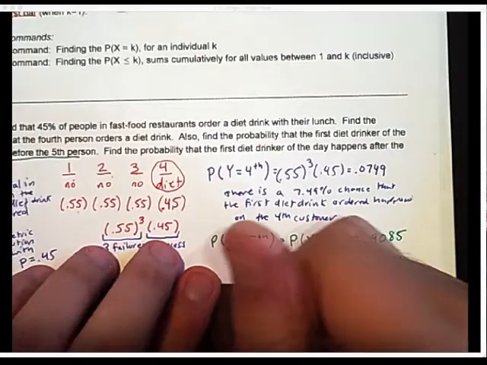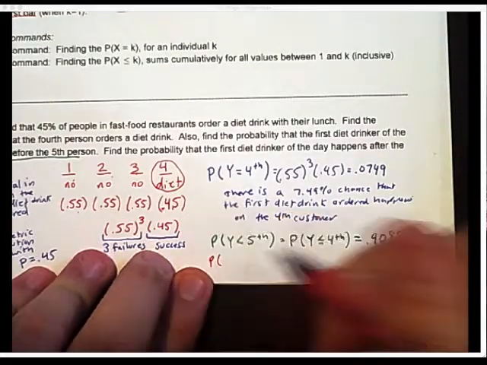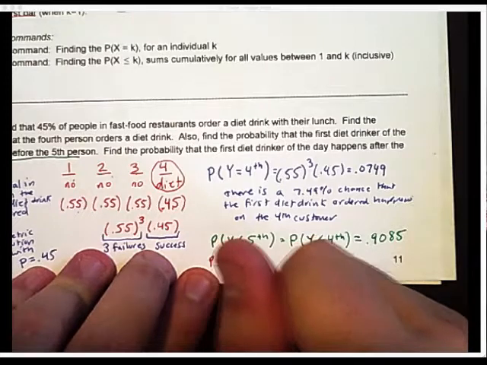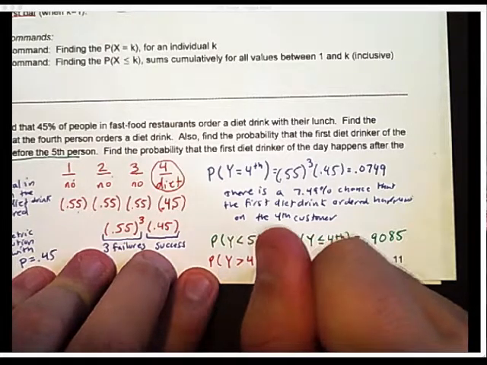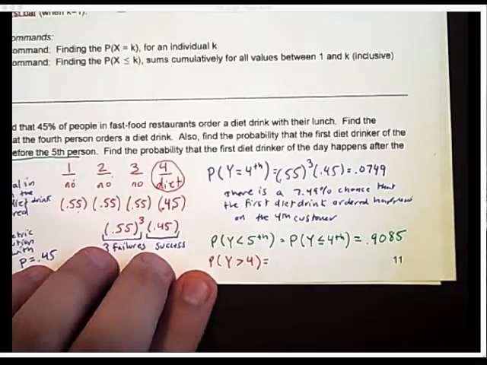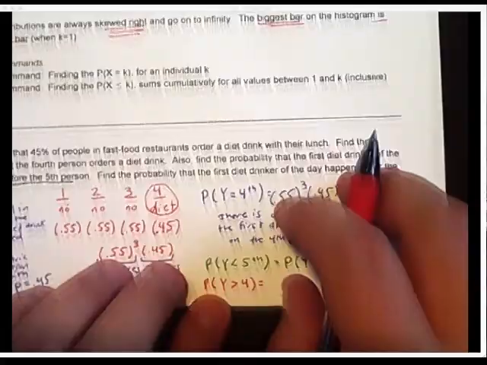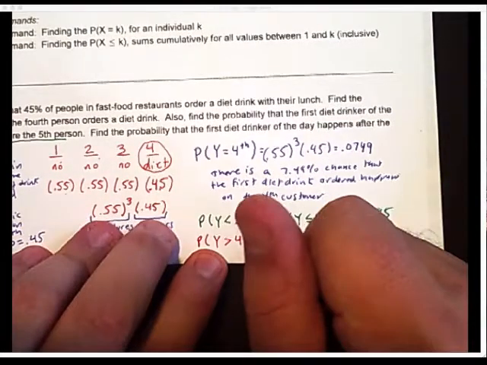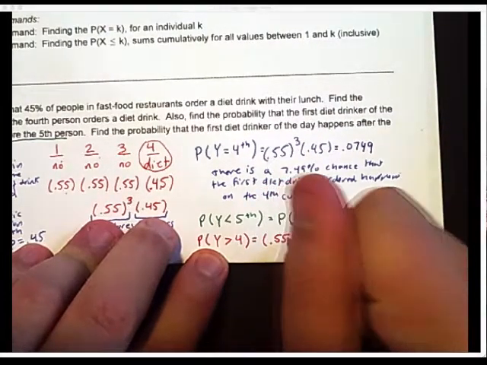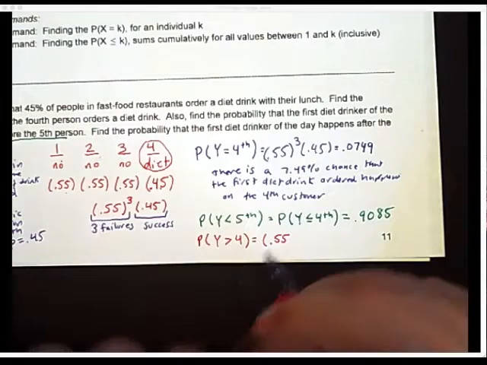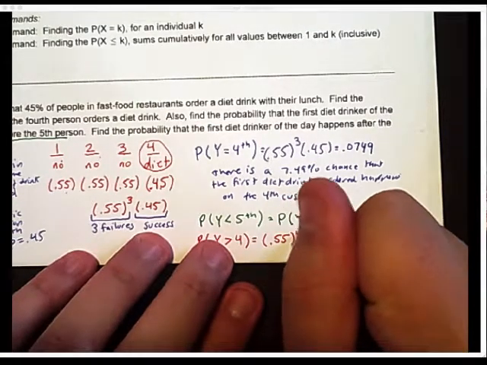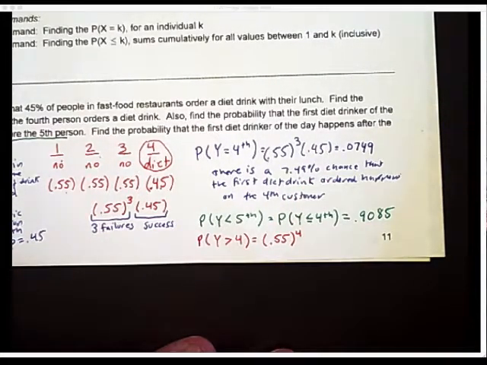All right, so coming back to that, if I wanted to find the probability that y is greater than 4, okay, let's look at the formula. It says take the failure rate raised to that number. So the failure probability is 55%. Raise that to the 4th.